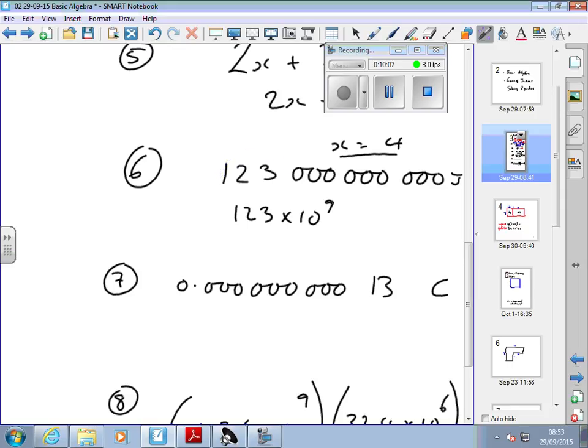You have a choice. There's no right or wrong answer, but that's probably the most convenient. So I'd call that 123 times 10 to the 9 joules, or 123 gigajoules, because giga is the prefix that means 10 to the 9.